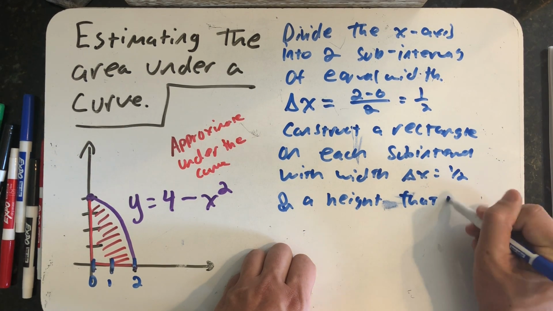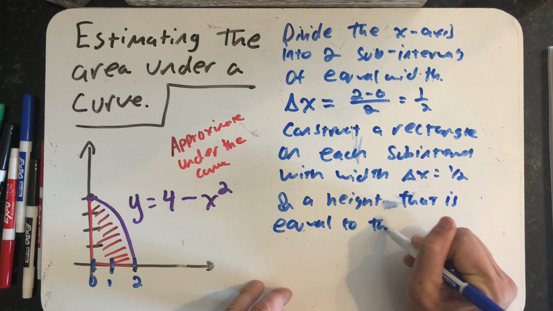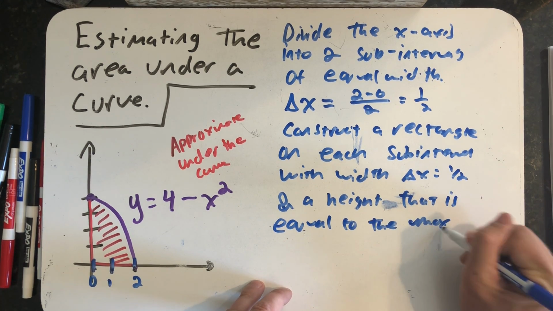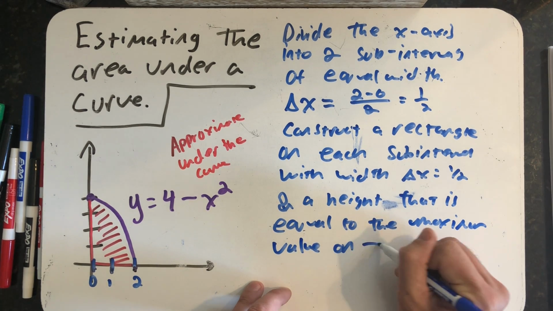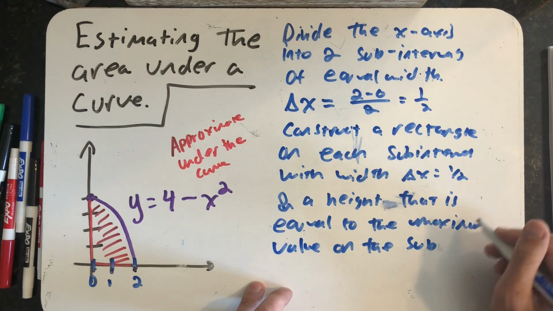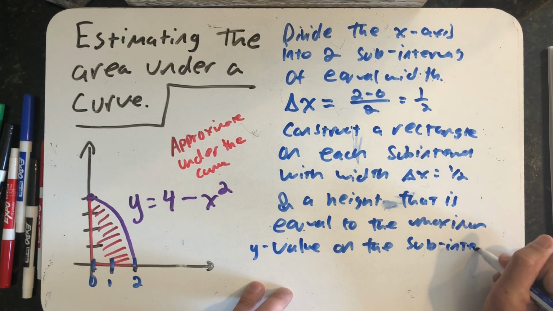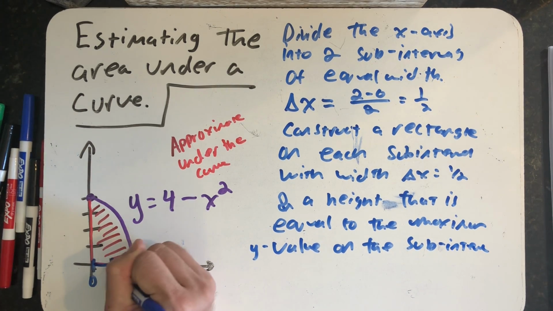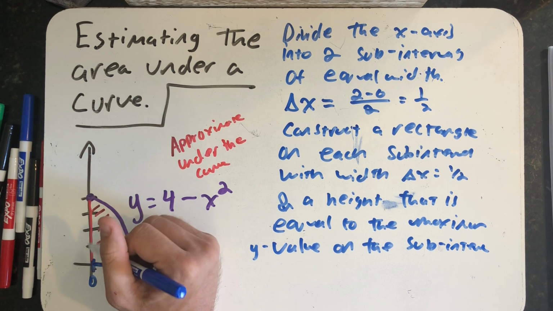And I should say maximum y value on the subinterval. So I need a rectangle that has this as its width and a height that is the maximum y value on the interval.